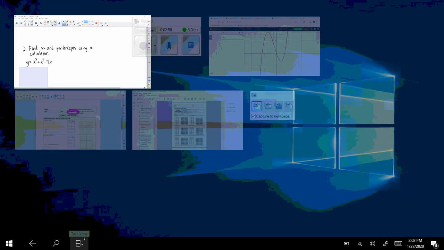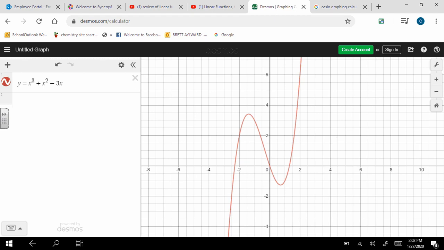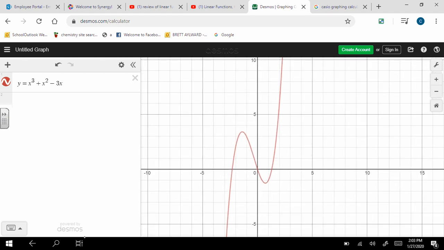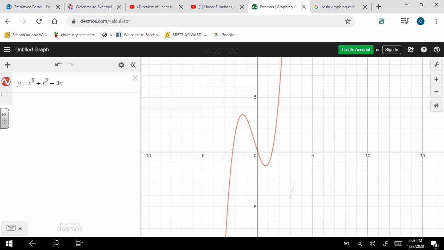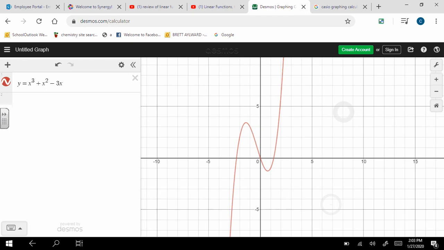Okay, Desmos is an online graphing calculator. Here's the function y equals x cubed plus x squared minus 3x. The thing I like about Desmos is I don't have to worry about what window I'm in. You know, did I get the -10 to 10 window? Did I get it all set up? Because Desmos is going to automatically bring that stuff for me to where it should be.